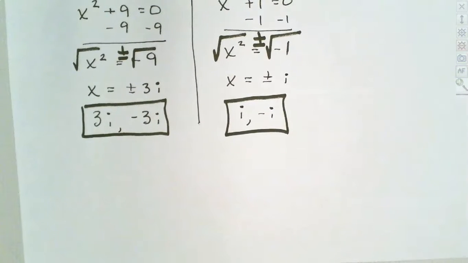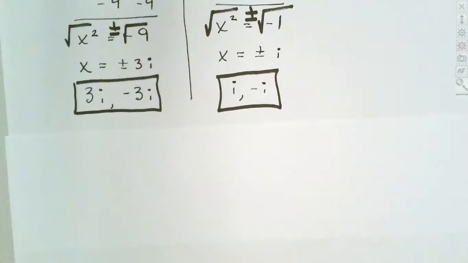So on these, don't try to make them more difficult than what they need to be. We're going to do one more of these, and then we should have time for fractional powers as well.